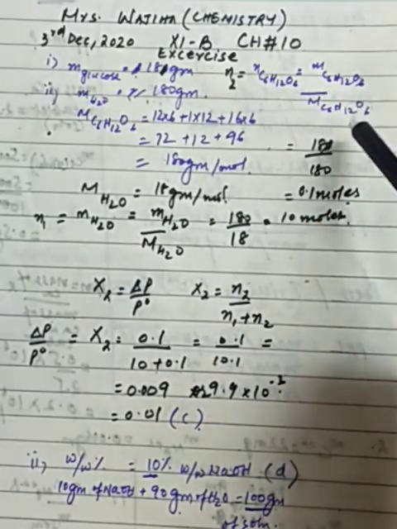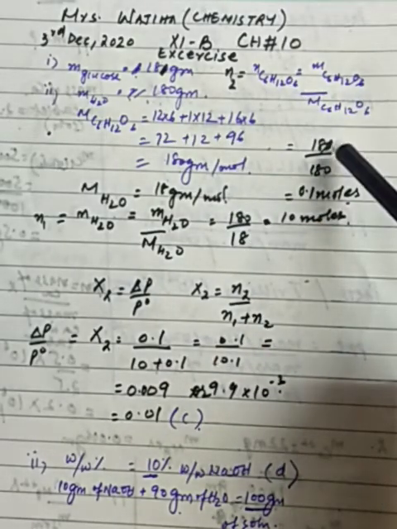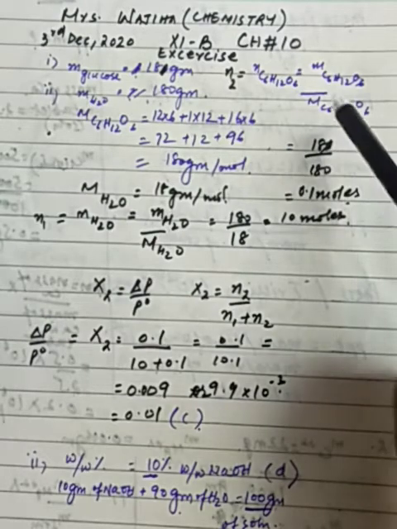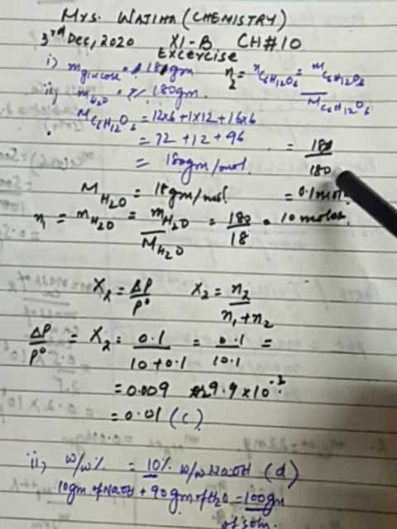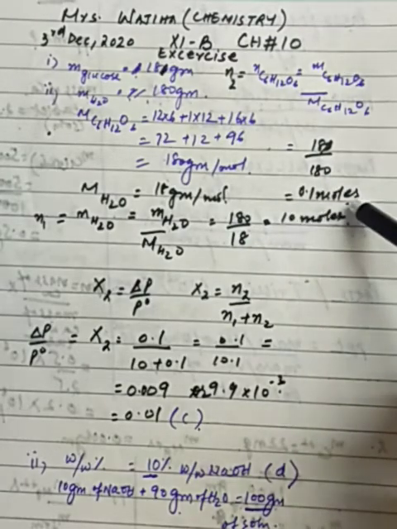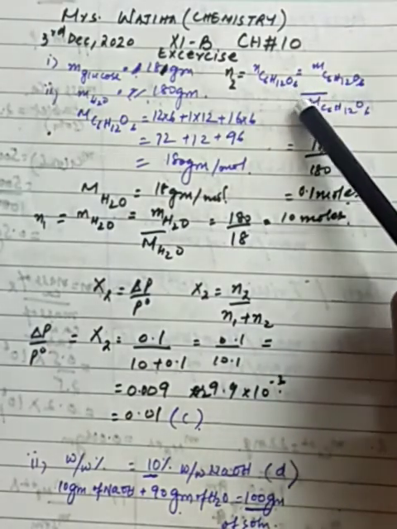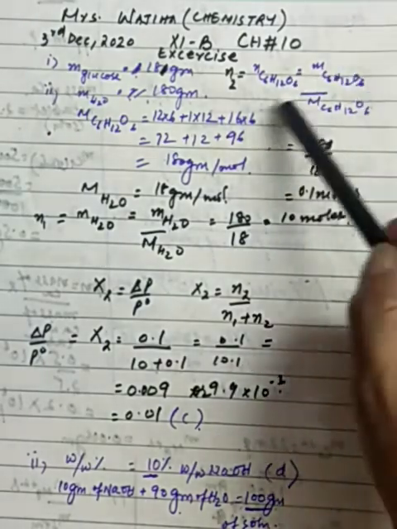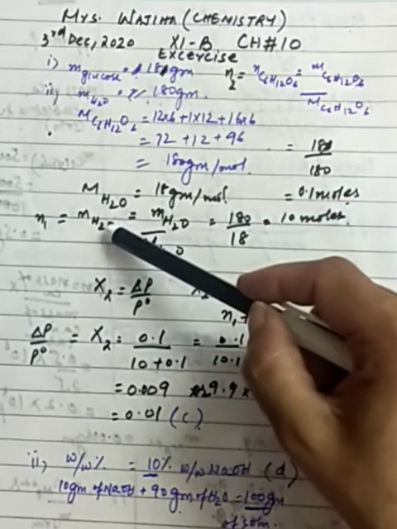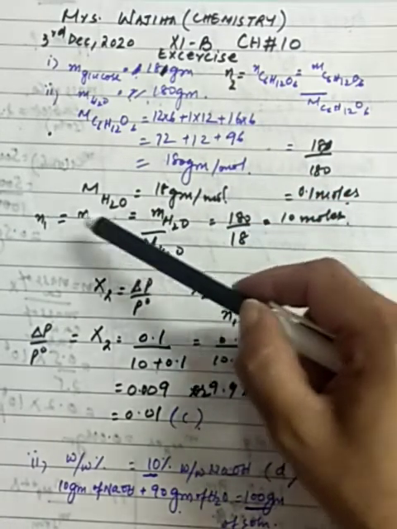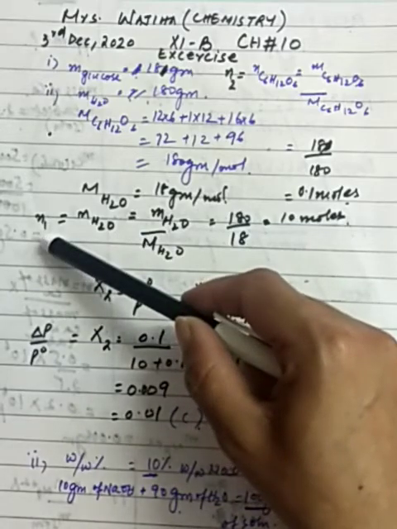The mass of glucose which is given in the question is 18 and the molar mass of glucose is 180. When we divide 18 with 180, it will be equal to 0.1 moles. Glucose here acts as a solute, so it is represented by N2, while water acts as a solvent, so it is represented by N1.